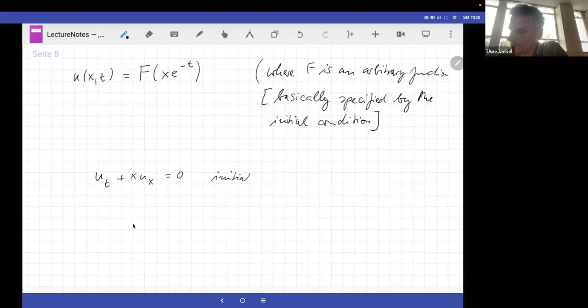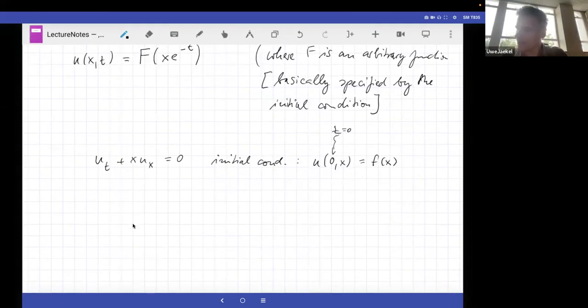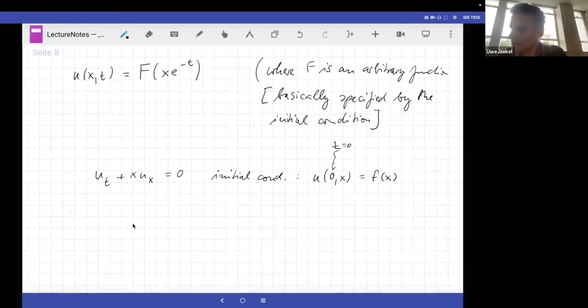And the initial condition was u at t equals 0, u(0, x), is a specified function f, and actually it will turn out this is our capital F from what Python told us.